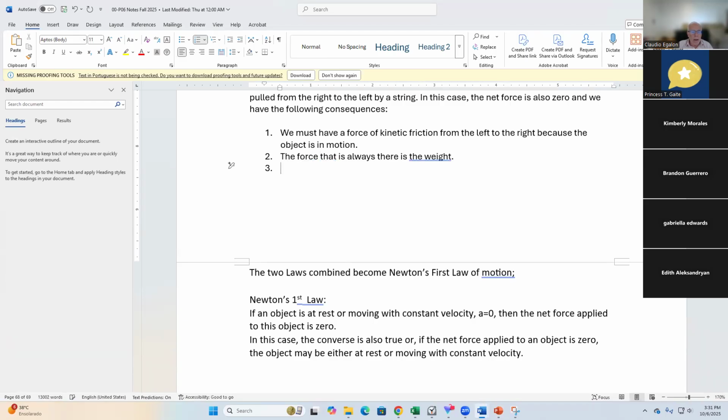Three, because the object is in contact with the surface, we must also have a normal force, okay?